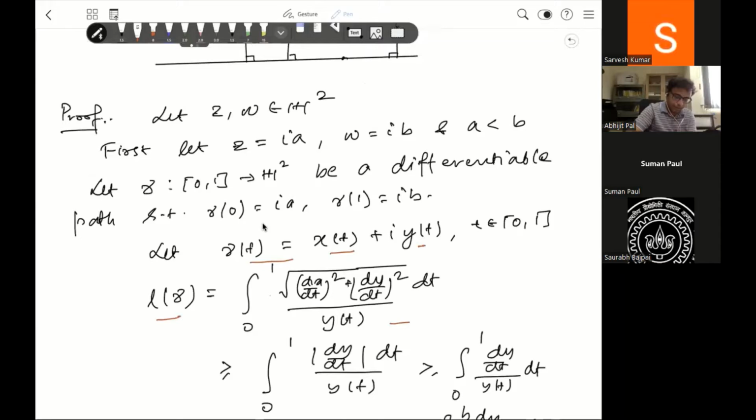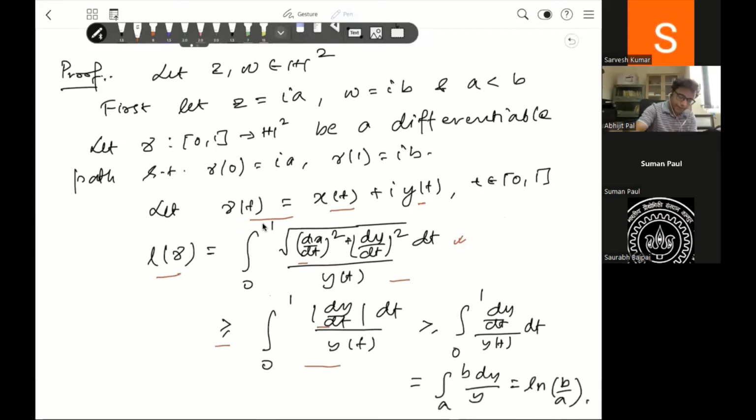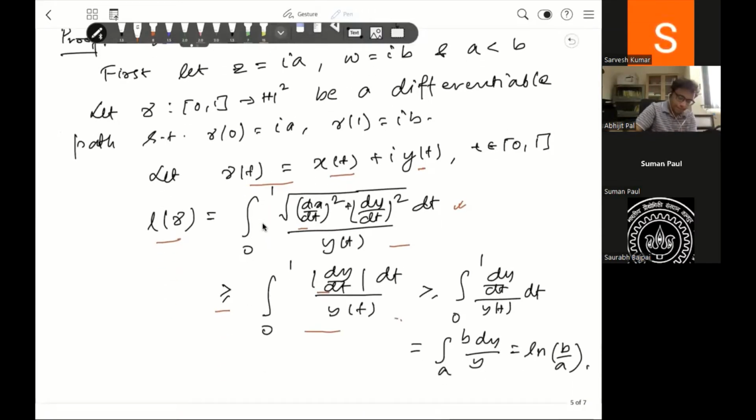Now note that the numerator is always greater than or equal to the modulus of dy/dt. Therefore we have this inequality: this integral is greater than or equal to this integral. And again we have a modulus here.